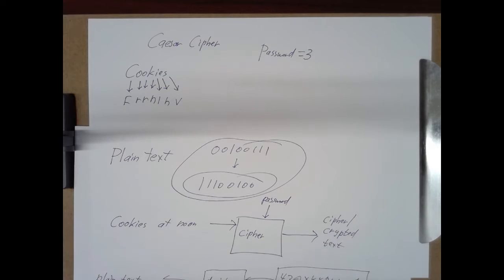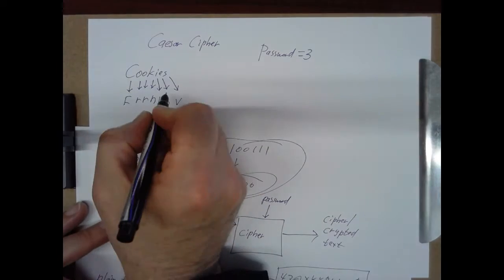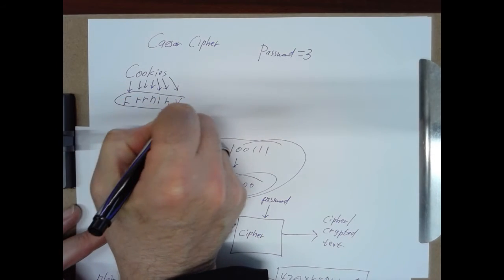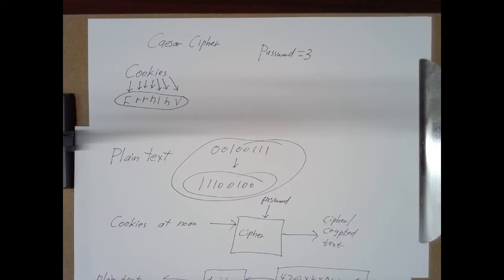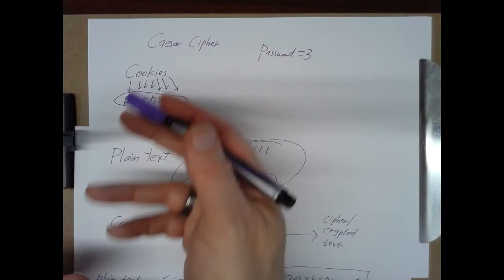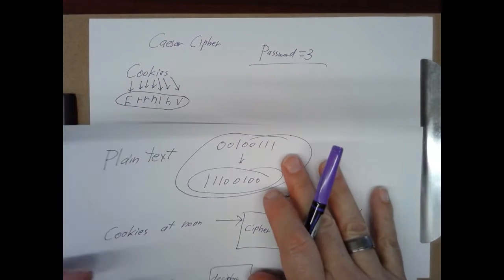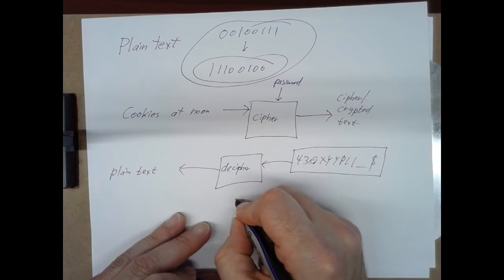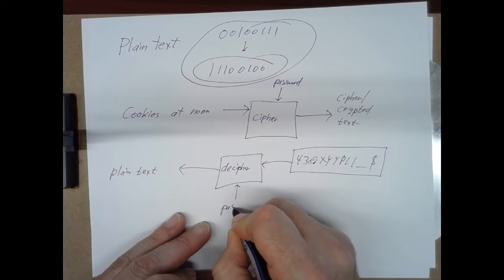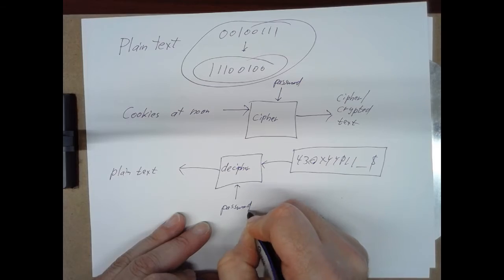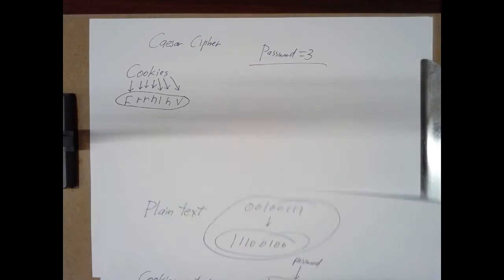No, it's a V. Yeah. So now this is the ciphertext that you send. And if somebody intercepts it, they can't decrypt it. They know what the algorithm is that you're using, but if they don't know the password, they can't reverse this process. But your friend who also knows the password uses an algorithm to reverse this.